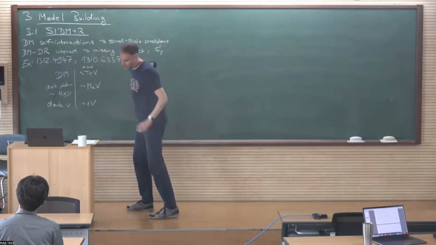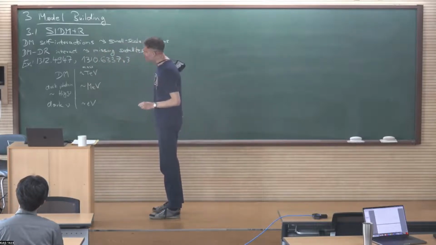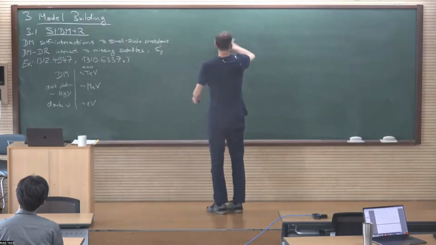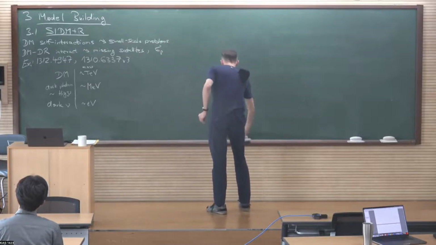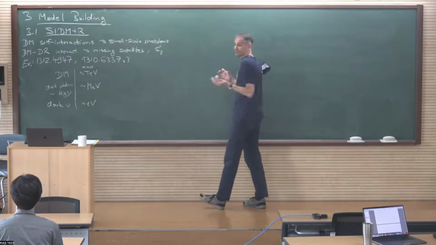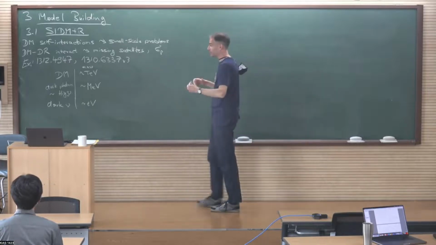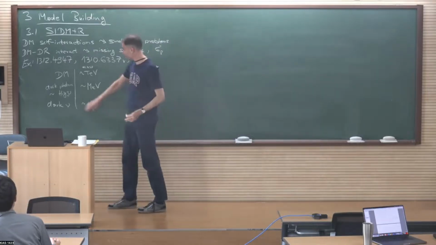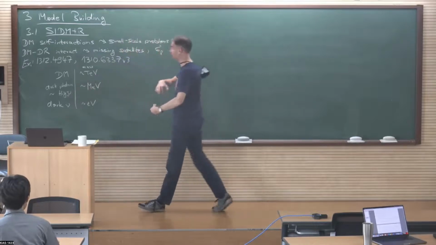And yeah, let me quickly write down what I have there. So we have a thermal contact between the dark sector and the standard model sector via the dark Higgs or the Higgs portal, because this dark Higgs can of course couple to the standard model Higgs.